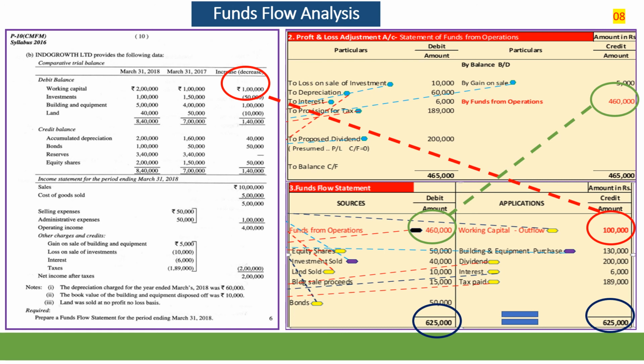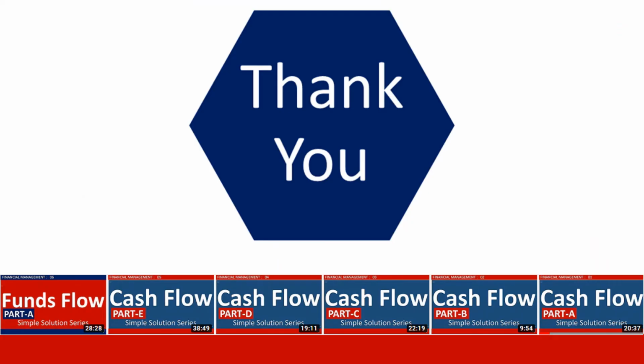With that the figures are matched, and that's it. We have answered the question of preparing a funds flow statement for the period ending March 31st, 2018. Thank you so much. Thanks a lot.